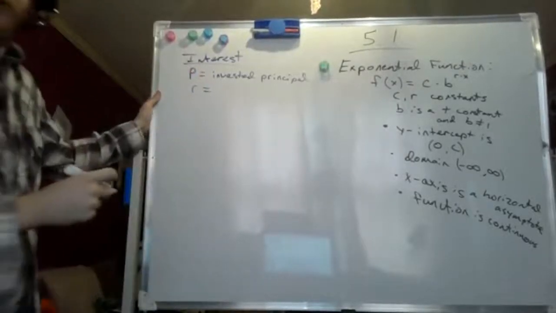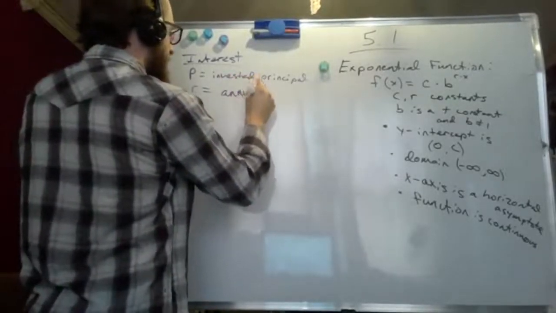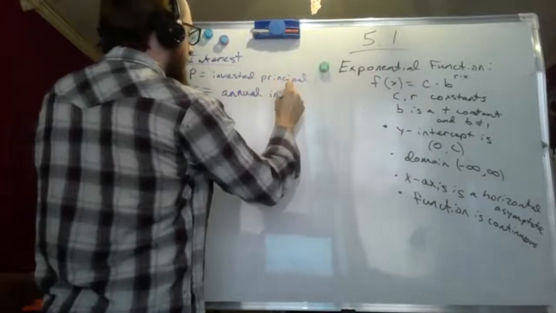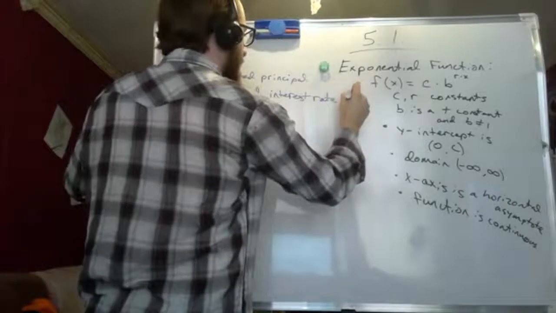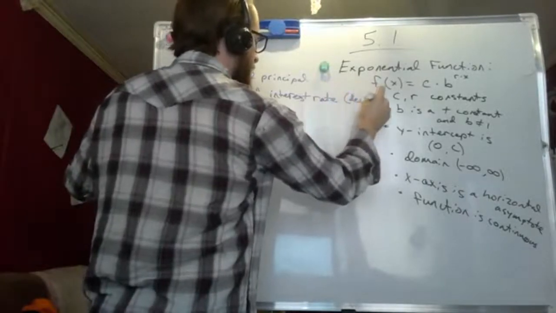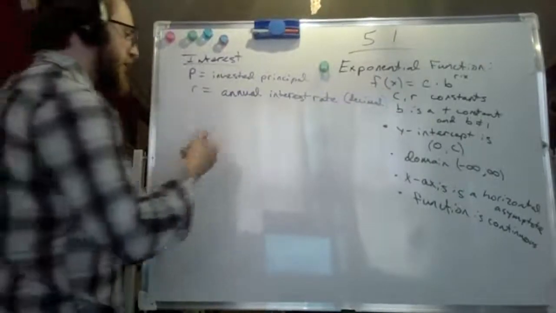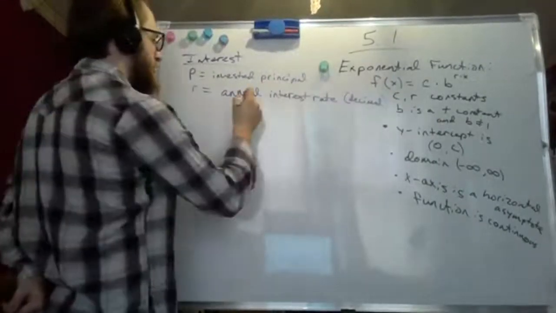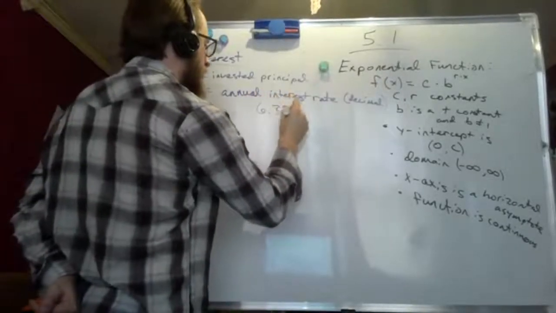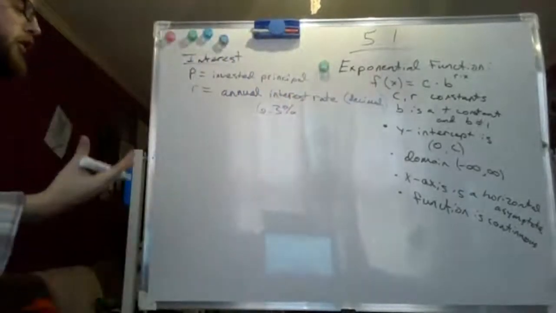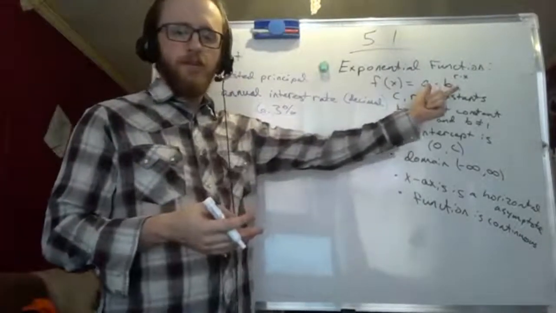Next, we have r, and this is lowercase r. Here, r stands for annual interest rate. And more specifically, we want it written as a decimal. Why? Well, oftentimes in these questions, it'll say maybe you have an annual interest rate of 6.3%. Okay, that's all fine and good, but what does 6.3% mean in terms of an equation?